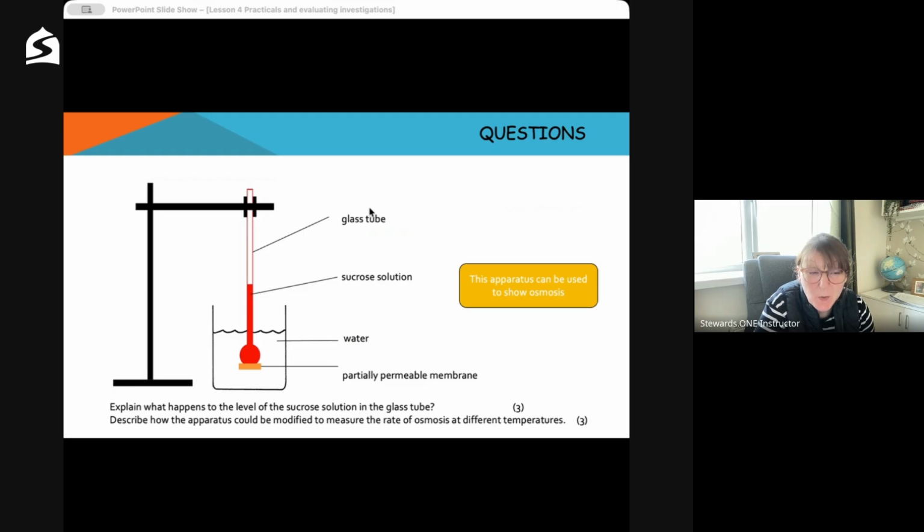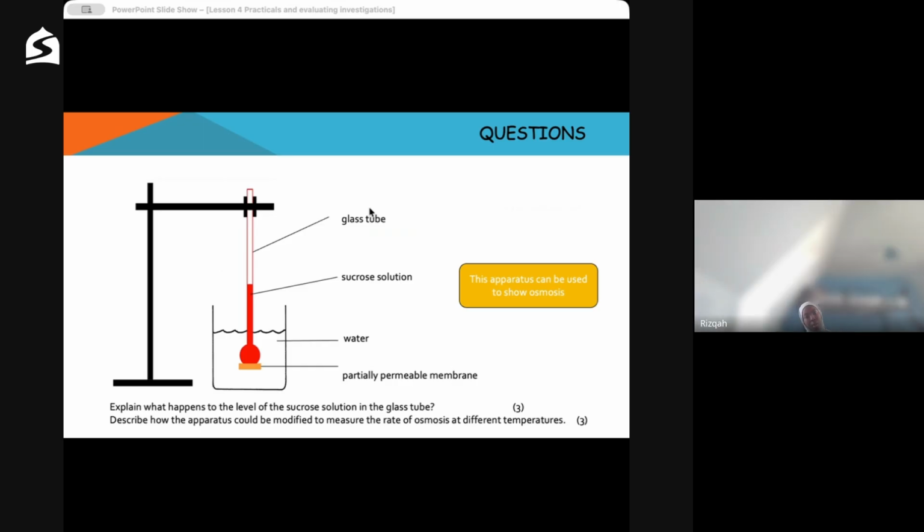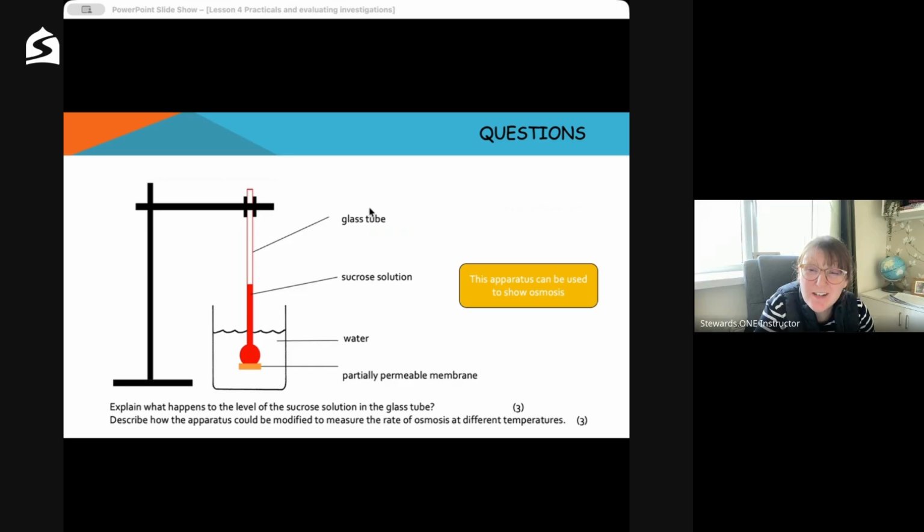Yeah. So what and how is that water going to move? You're going to get a mark for saying how it moves. Across the membrane. Just give me the name of the movement. It's water. So which one would we need? Osmosis, which is a special type of diffusion. It is diffusion, but it's just water.